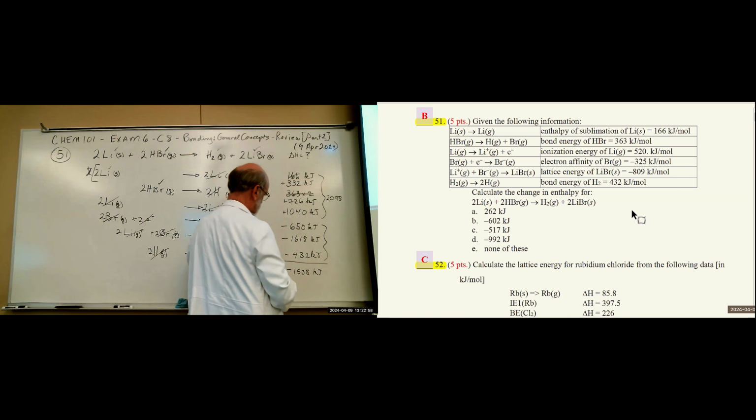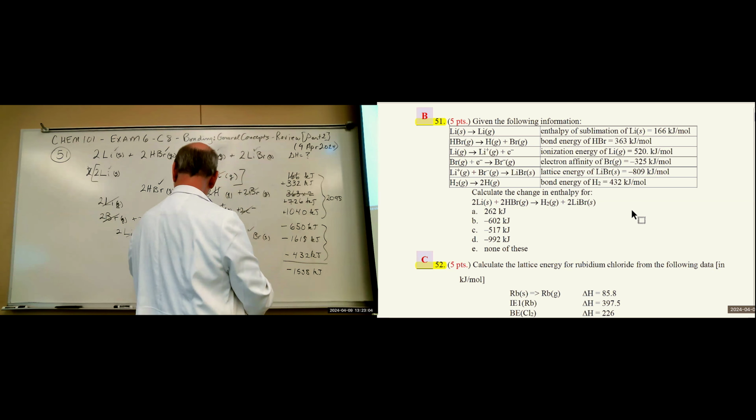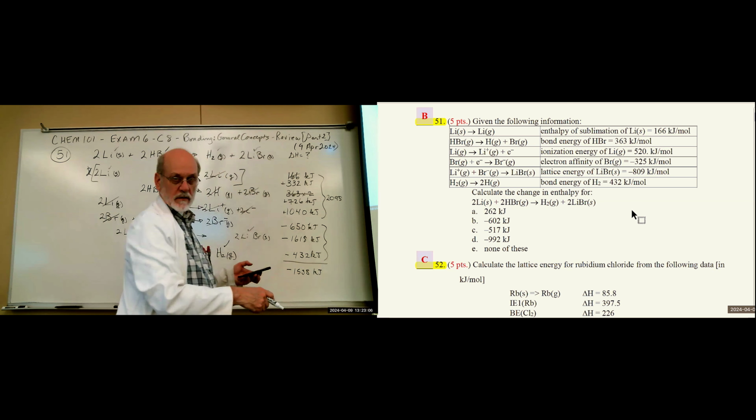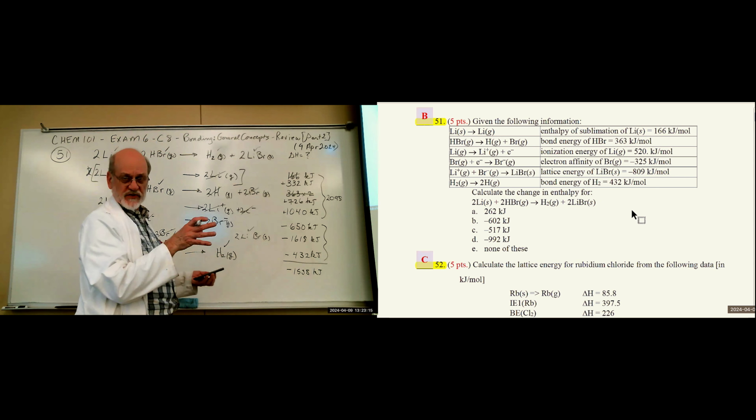This one, 650, 16, 18, 432. Did I multiply this one times 2? No, I didn't. That's it. No, I didn't do that one. I'm not supposed to do that one. Just change the sign.